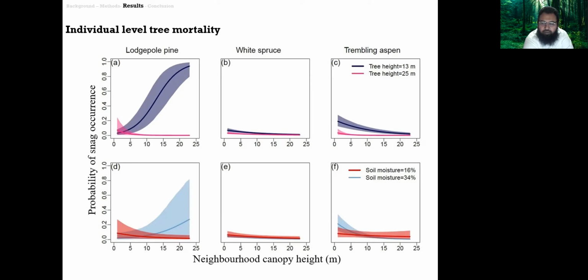Neighborhood canopy height is, I estimated the height of the neighboring trees located within 10 meters of an individual tree.